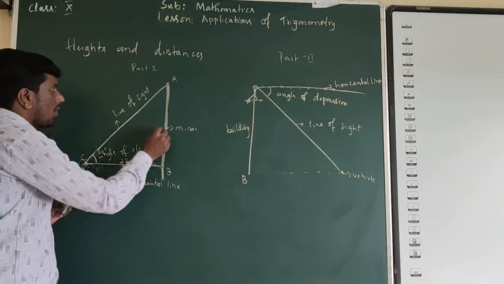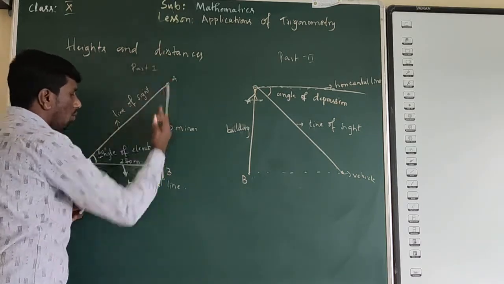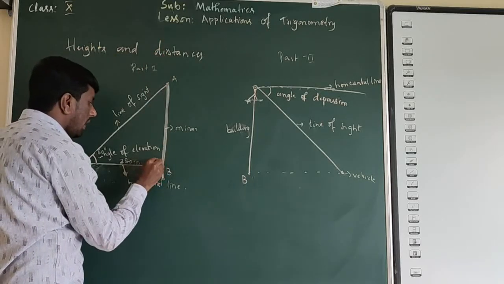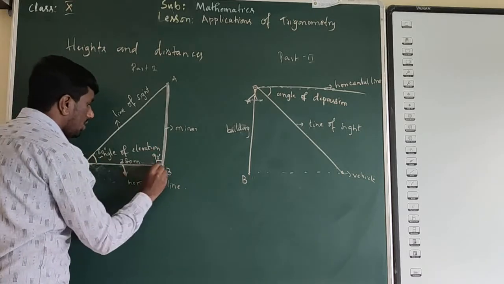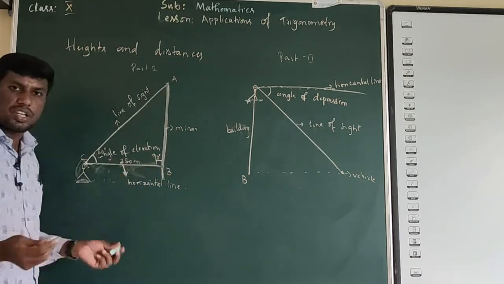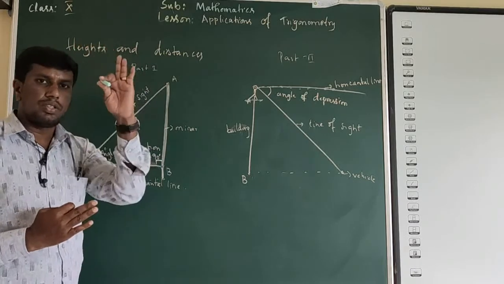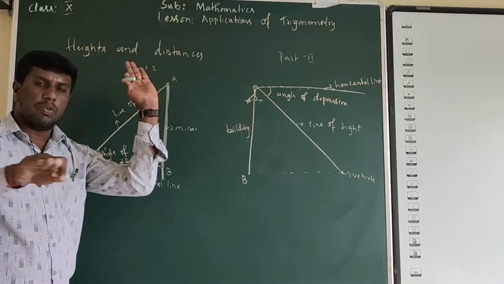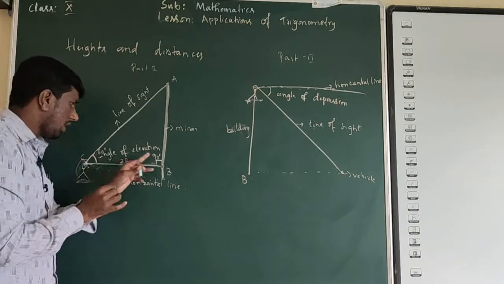Since AB is the mirror, which is constructed vertically, therefore the angle is what? 90 degrees only, right? Between the horizontal line and the mirror, it is constructed vertically, therefore the angle is 90 degrees only. All the buildings are constructed vertically only. It's not constructed like this, or like this. It should be constructed like this only, 90 degrees. So if you draw the horizontal line, the angle must be 90 degrees, right?